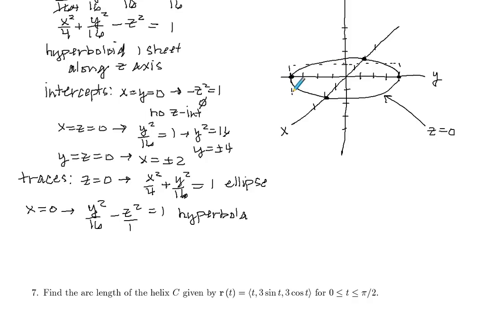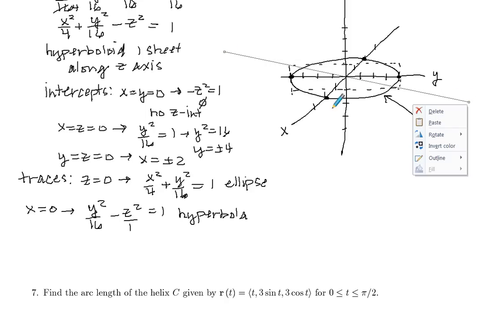And then you put asymptotes through the diagonals of that rectangle. So I'm going to use my line tool here. Get some asymptotes in here. Okay, so there's one asymptote, and we got another one that comes like this. About like that.